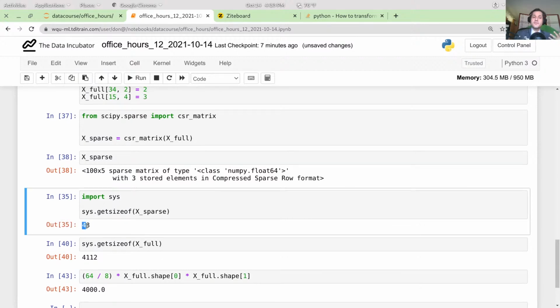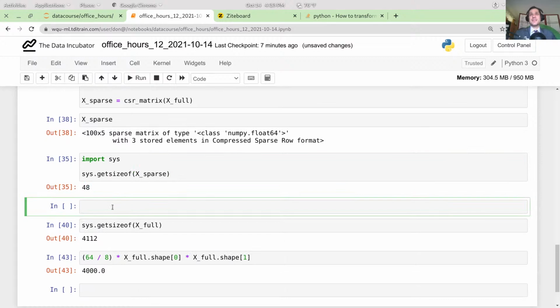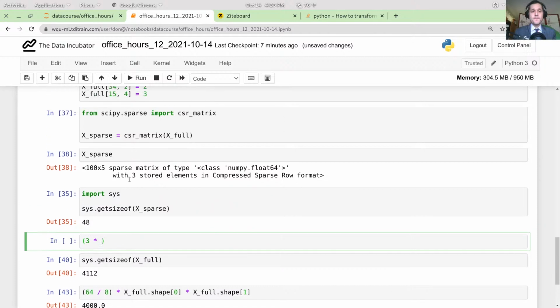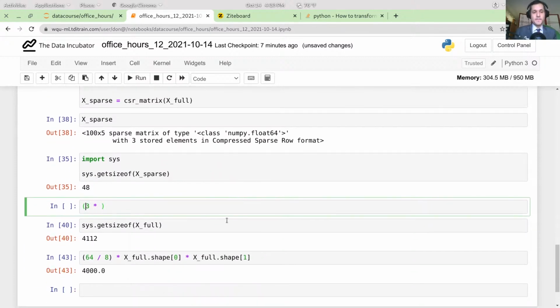Well, here it's 48 bytes. Let's also try to rationalize that. We have 3 non-zero values. Each non-zero value is a NumPy 64, so it takes up 64 divided by 8 times 3.